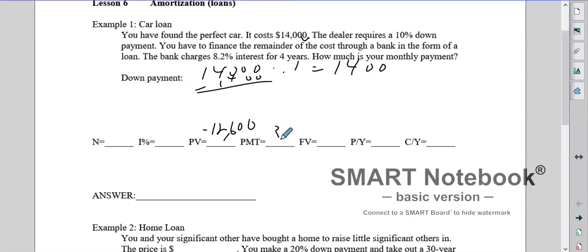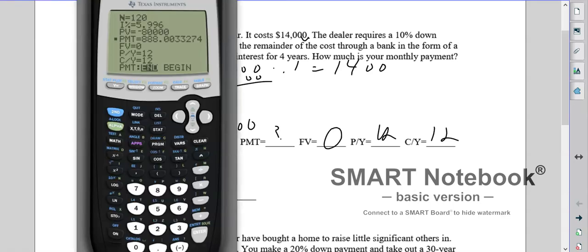Future value, well, you're going to pay off the loan. It's a monthly payment. The interest is 8.2. And the number, again, is going to be 12 times a year for 4 years, or 48 months, 48 payments. So we go into our calculator, and I'm already in TVM Solver.